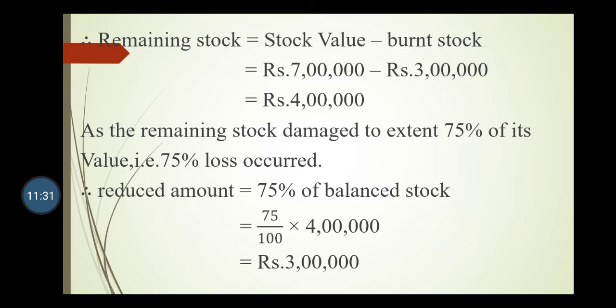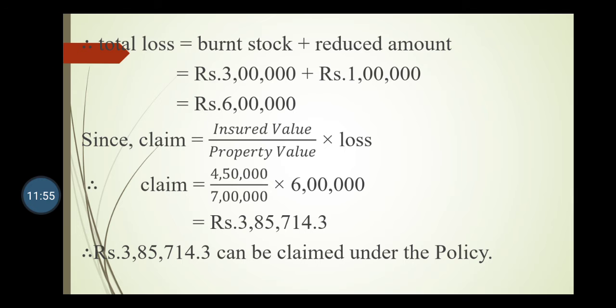As the remaining stock is damaged to the extent of 75% of its value, that is 75% loss occurred. So reduced amount will be 75% of balance stock, which is 75 upon 100 into 4 lakh, which will be rupees 3 lakh. Therefore total loss equals burnt stock plus reduced amount, which is equal to 6 lakh.